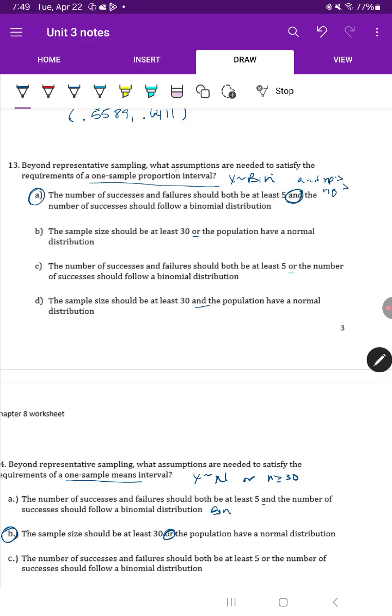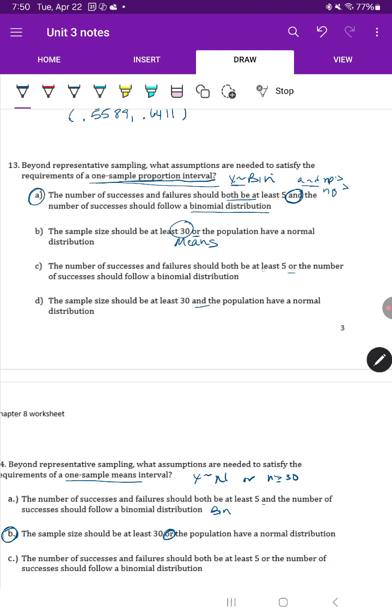Beyond a representative sample, what assumptions need to be met for a proportion test? If it's a proportion, it needs to be binomial, and I need to have a big enough sample size. So the number of successes and failures should both be at least 5, and I'm following a binomial distribution. The sample size condition is only true for a means test.